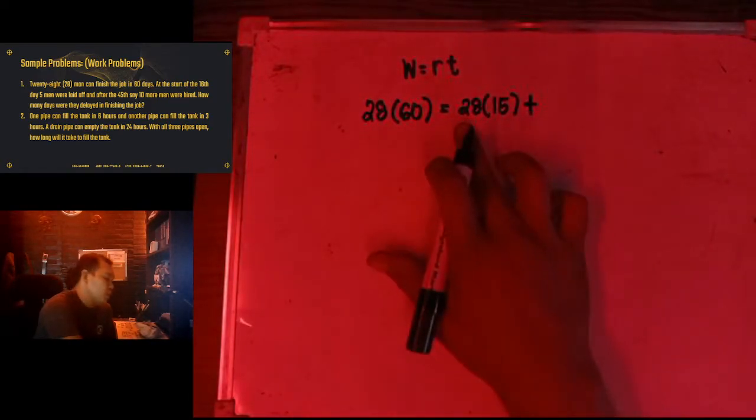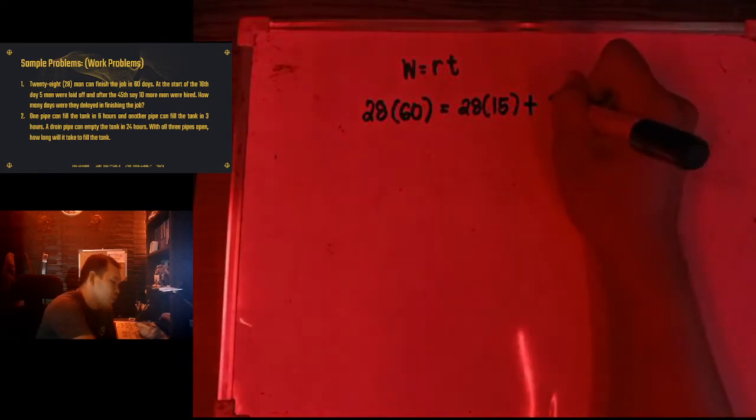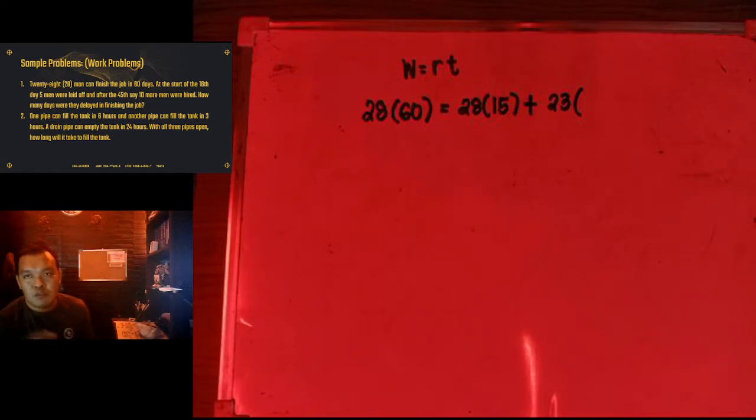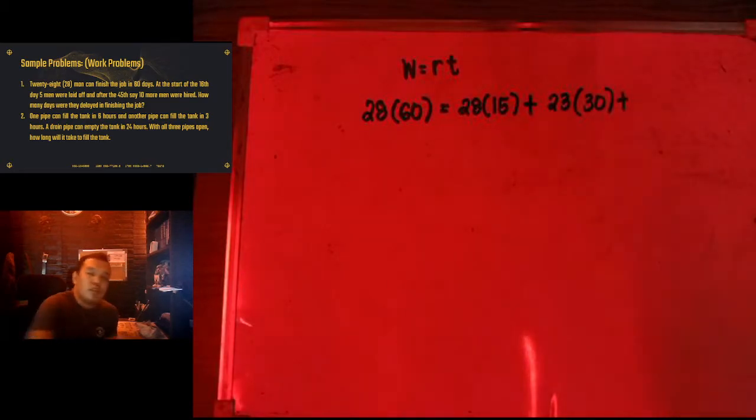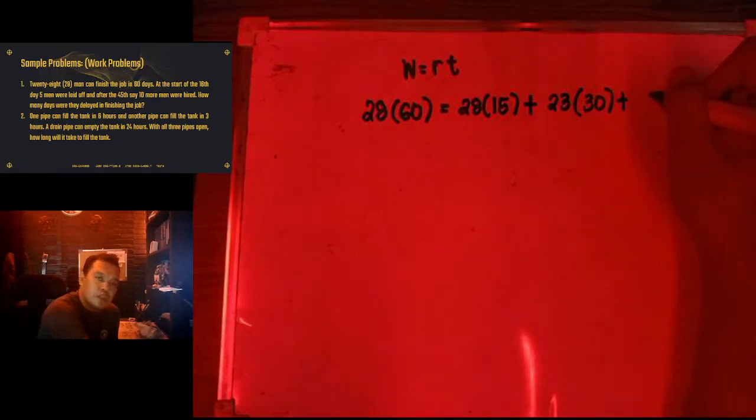So, ibig sabihin yung 28 mo, magiging 23 na lang po yun. 23 times yung from 16th day to 45th day, bilangin nyo kung ilang araw yon, lalabas yun ay 30 days. No? 30 days plus after nung 45th day, magdadagdag daw siya ng 10 tao. So, yung from 23, magiging 33 na yung katao mo.